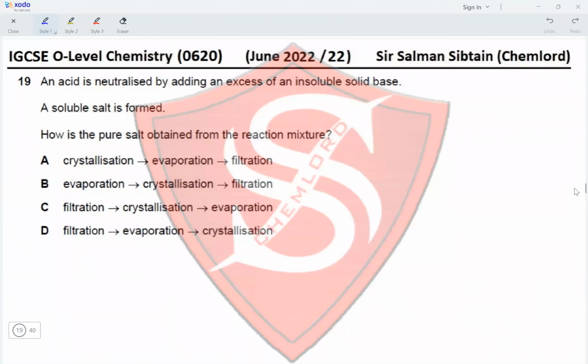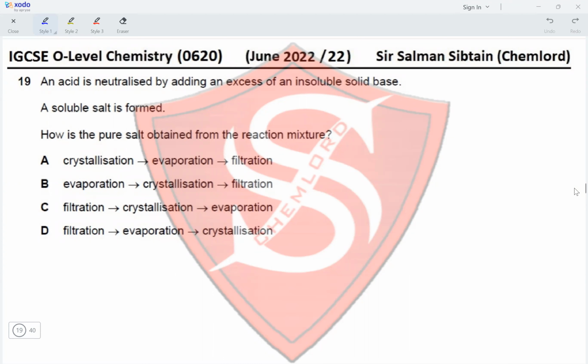Question 19. An acid is neutralized by adding an excess of an insoluble solid base. A soluble salt is formed. How is the pure salt obtained from the reaction mixture? We have a soluble salt forming and we are adding an insoluble base.